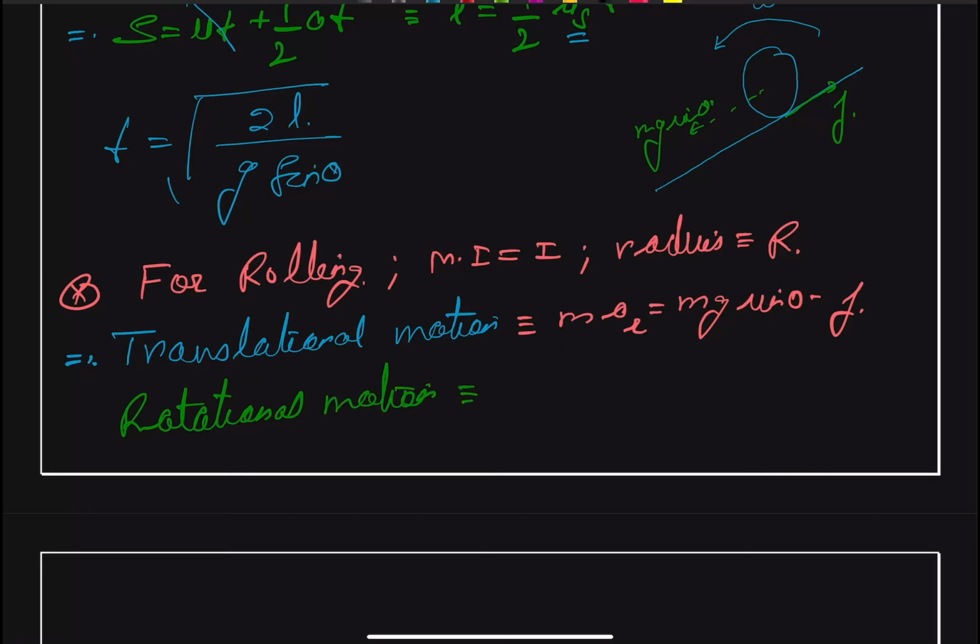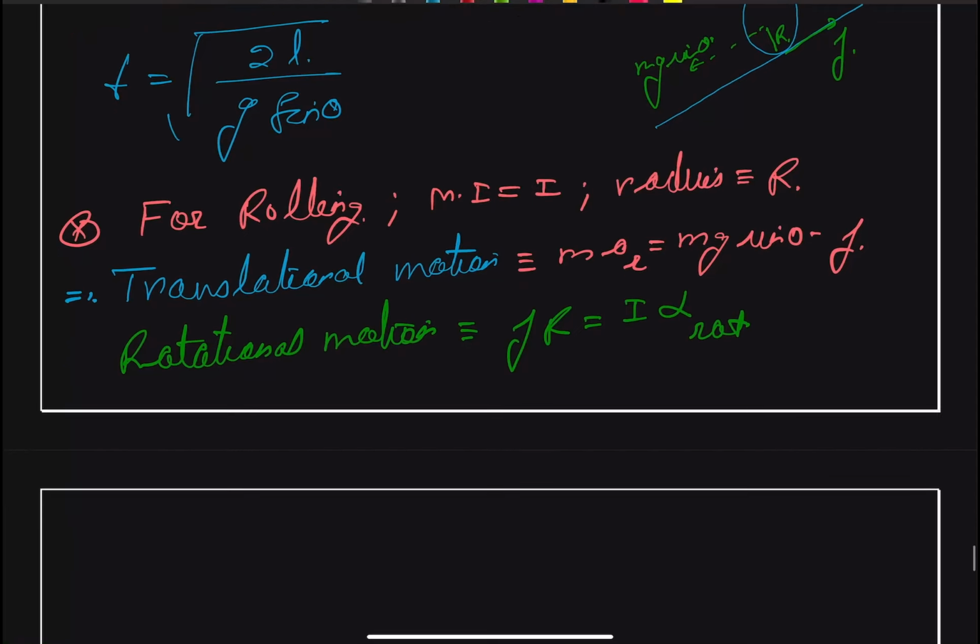For that we can write, we assume that the radius is r, so the torque will be the frictional force F multiplied by radius r. So this comes as F times r will be equal to I multiplied by our angular acceleration, that is alpha rotational.